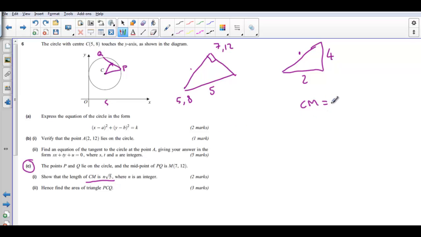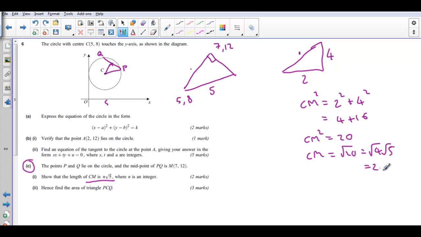C to M squared is going to be 2 squared plus 4 squared. So that's equal to 4 plus 16, which is 20. So that's C to M squared. So C to M is root 20, which is root 4 root 5, which is 2 root 5. Happy there. I don't think we even need to check the mark scheme because we've got it as something root 5.